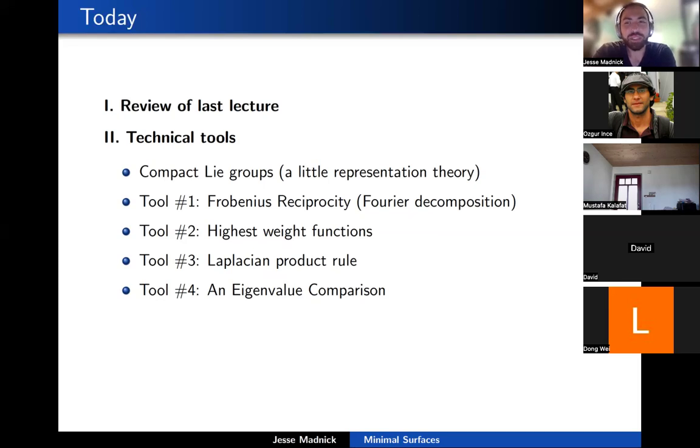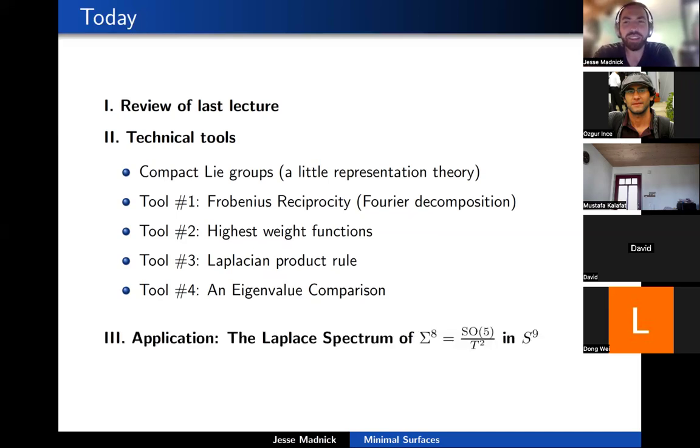So I'll describe those 4 technical tools, but first we're going to need just a couple slides on compact Lie groups and representation theory. I can't review all of representation theory here, but 1 or 2 slides maybe would be good. And then finally, in the last part of the talk, we'll give the application. We will compute the Laplace spectrum of the SO5 invariant minimal hypersurface in the 9 sphere. And by virtue of having the Laplace spectrum, by which I mean both the eigenvalues and their multiplicities, we will deduce that the Morse index is 275 and that the nullity is 35.